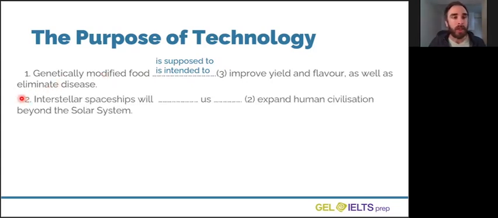Number 2, interstellar spaceships will expand human civilization. Can you write the 2 words from these spaces in the next question below this video? Write both words in the box.